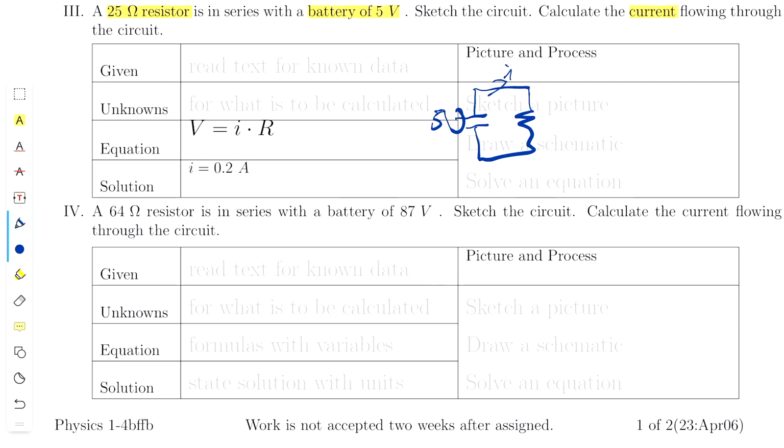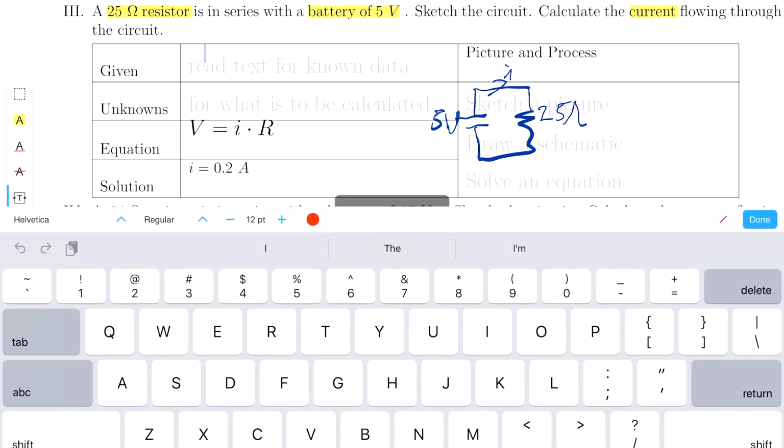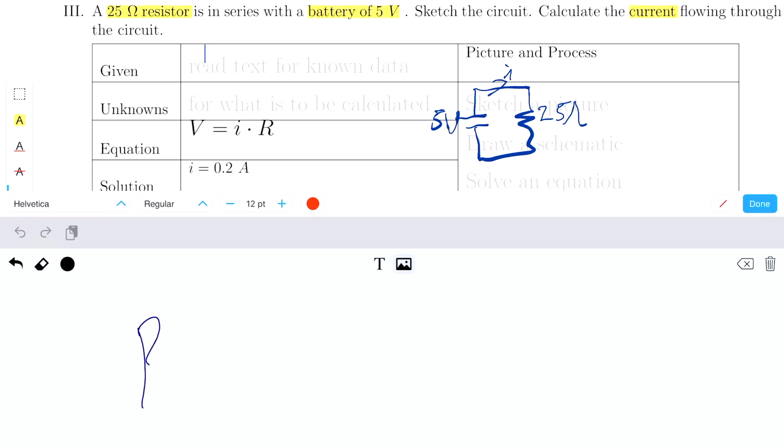So our battery has a potential of 5 volts. And again, our resistor has a value of 25 ohms.